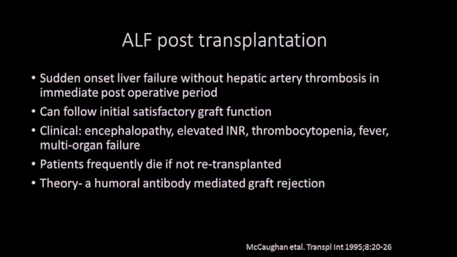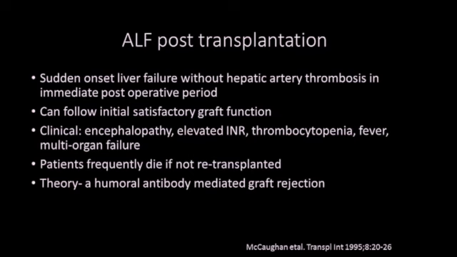This is a very uncommon thing, fortunately, that's thought to be some type of humoral antibody-mediated rejection. Essentially, it is the acute onset of liver failure without hepatic arterial thrombosis immediately after liver transplant. So it's a very specific group of patients, those who receive a liver transplant and essentially have immediate liver failure.